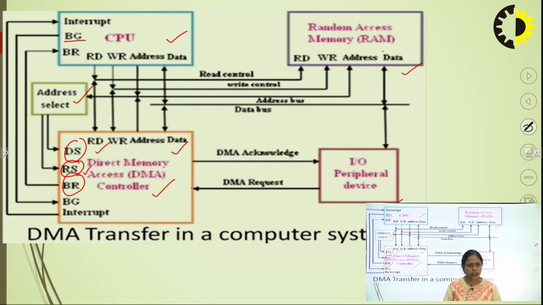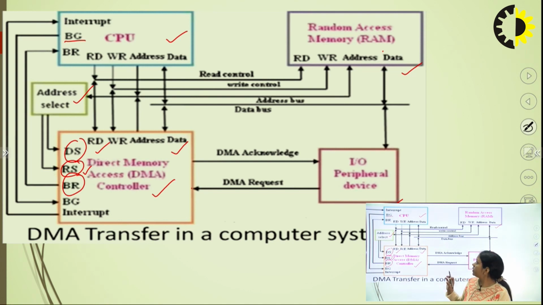Initial information means the initial address of the memory or particular input output device where the data will be transferred to or from, and second one is the word count, the number of words which are to be transferred, and other information is read or write information.